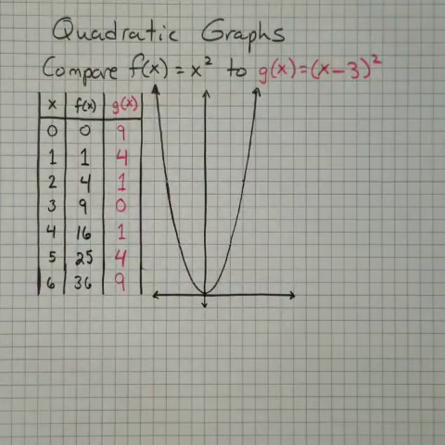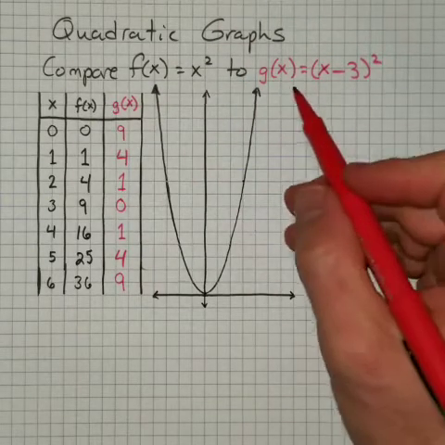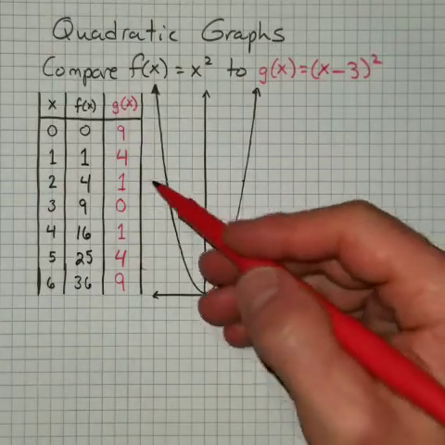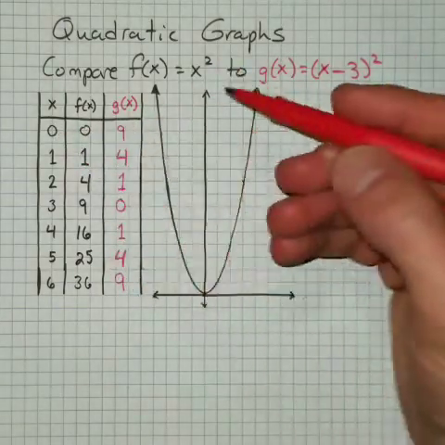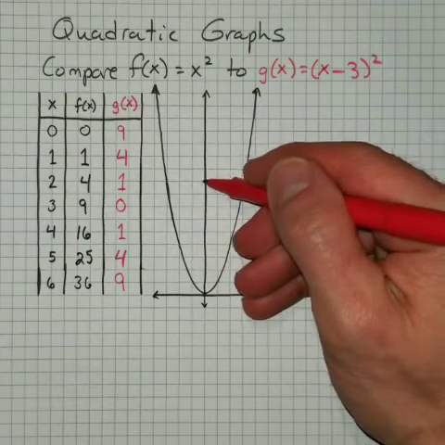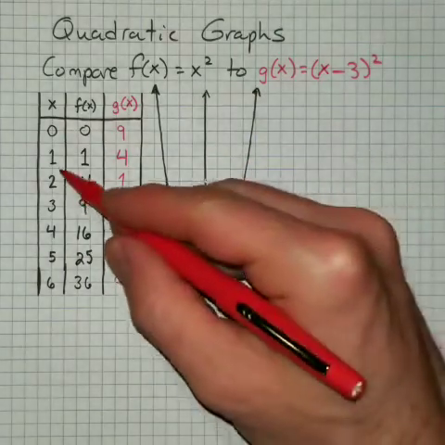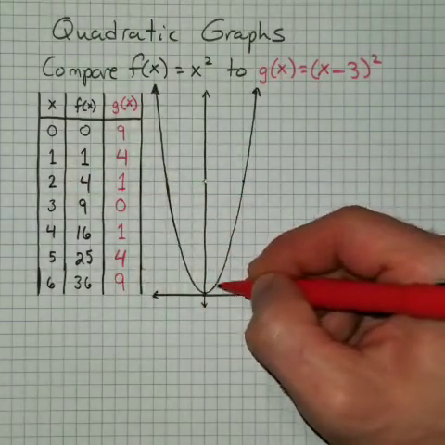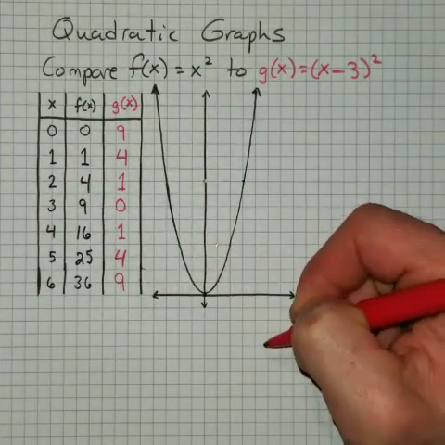Okay, so now I'm going to add in this g of x function. If I go 0, comma 9, there's 0, 9 right up here. Then I've got 1, comma 4, so here's 1, up 4.